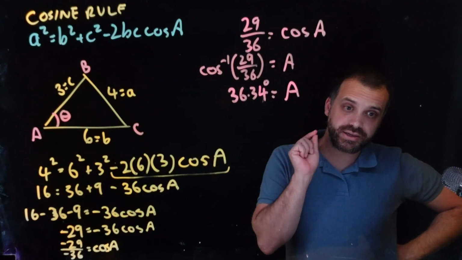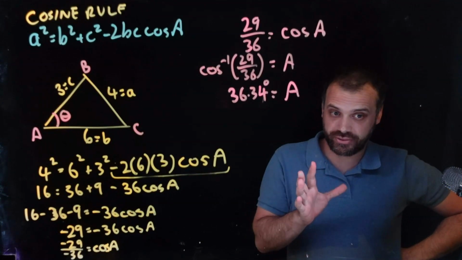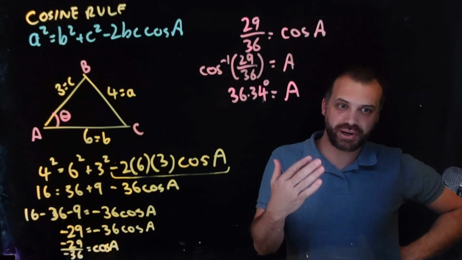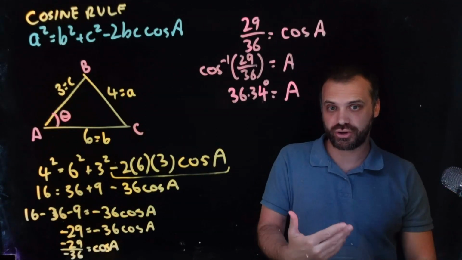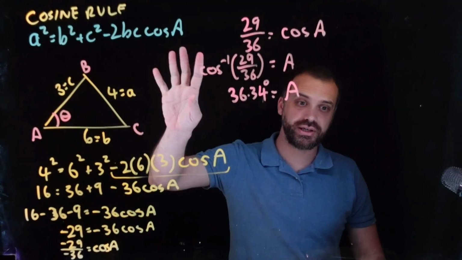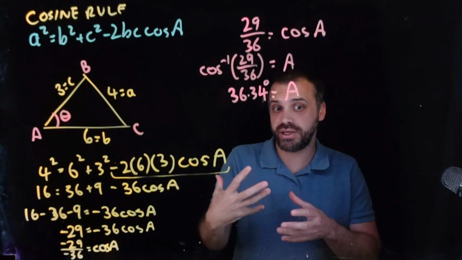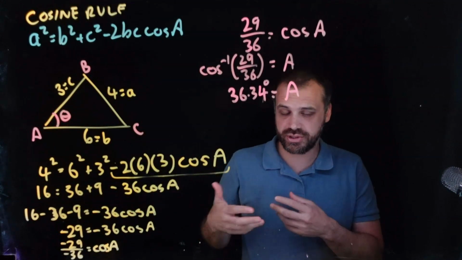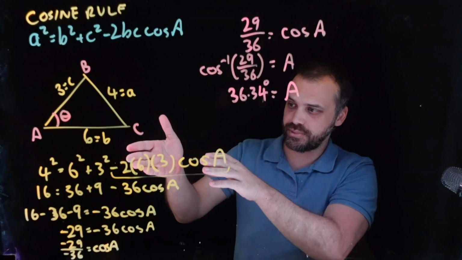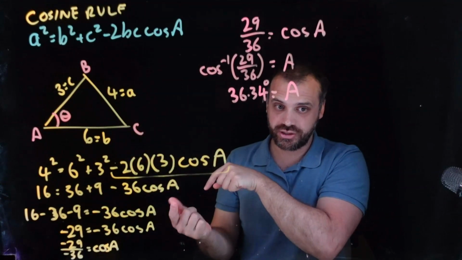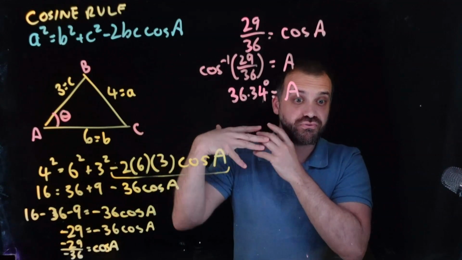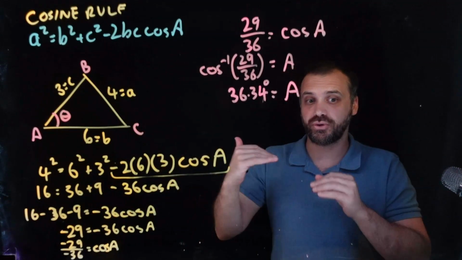Now there is another way that you can go about this stuff. I don't recommend this way of doing things, but I want to show it to you so you know that it exists. Instead of starting with our formula looking exactly like that, which is how it appears on formula sheets in Maths Methods and Maths Specialist, and subbing in our values and then rearranging it, what we can do is rearrange that formula before we've put any numbers in it at all.